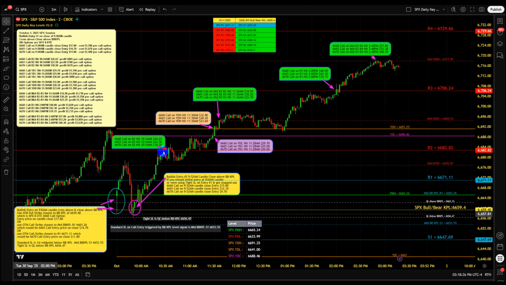Okay, so this is your R2 hit at 10:34 a.m. The 6660 call is 26.65 now. On this candle close, the 6665 call is 22.50. So the 6660 call is 26.65, the 6665 call 22.50, and the 6670 call is 18.50.